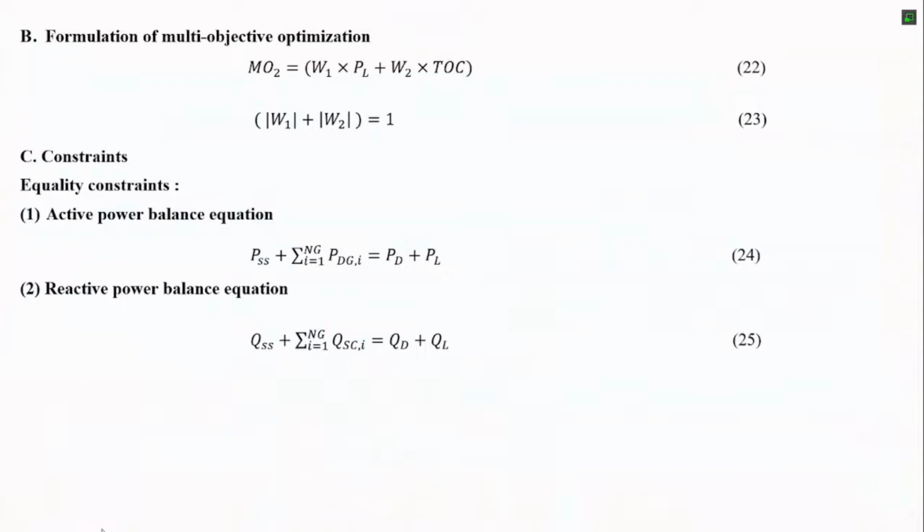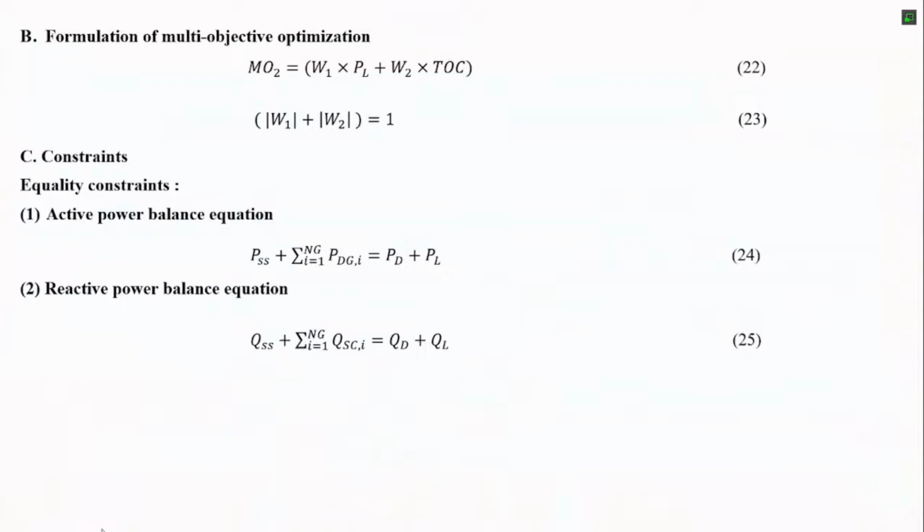When you are injecting more capacitors or a number of microgrids or DGs, definitely your cost will be a little higher. So based on that, a trade-off between these two objective functions can be carried out. Therefore we formulate this problem using the weighted sum method, as a part of the multi-objective function.